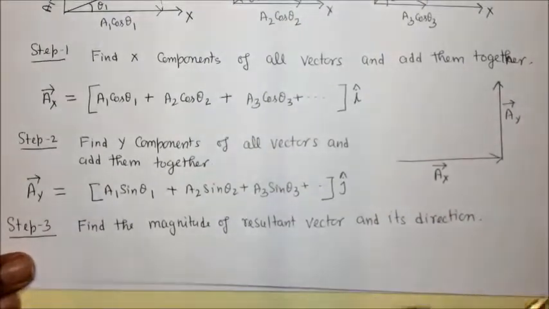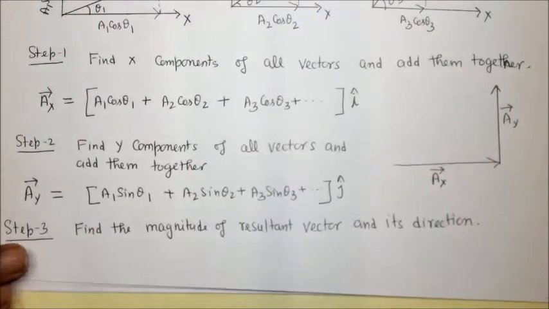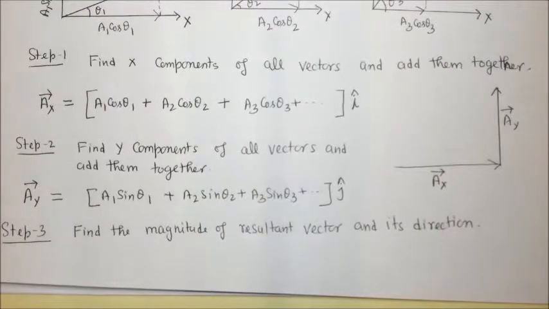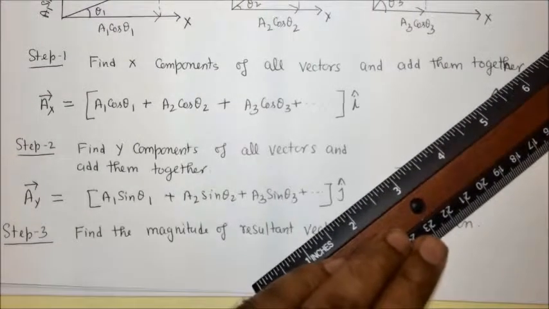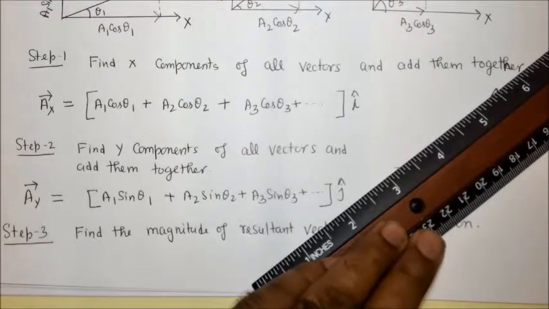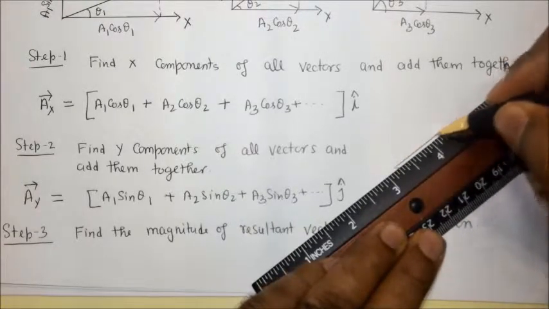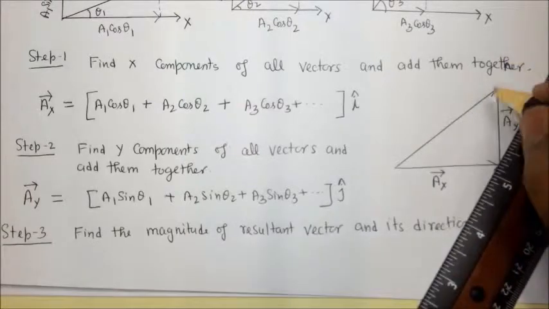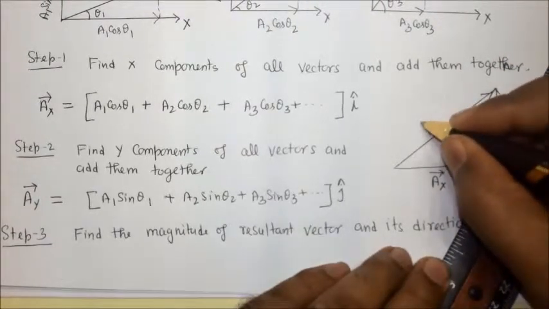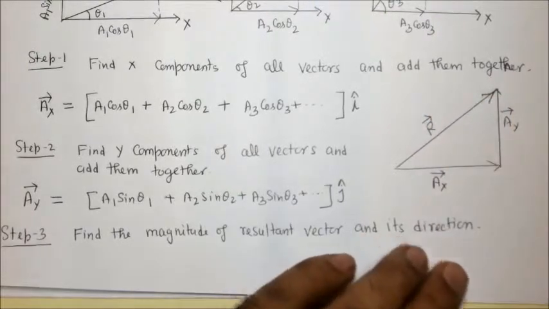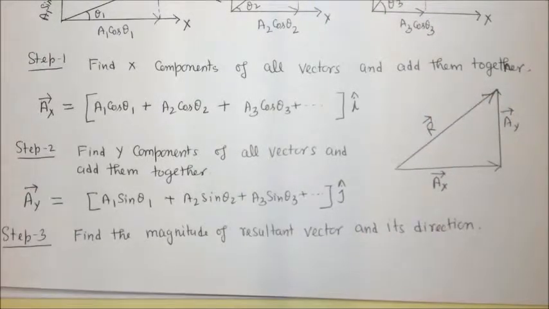Find the magnitude of the resultant vector and also find its direction. How can we do this? What will be the resultant of these two vectors? The resultant is going to be this vector r.